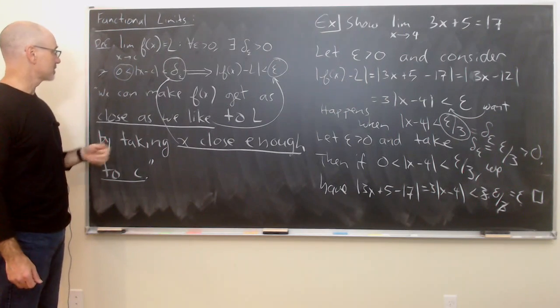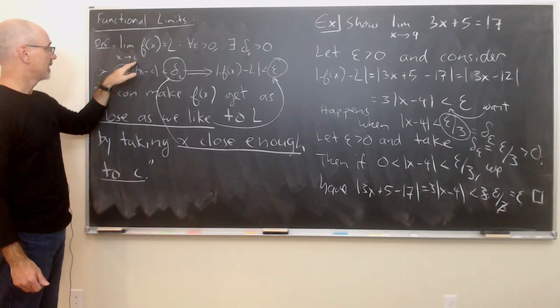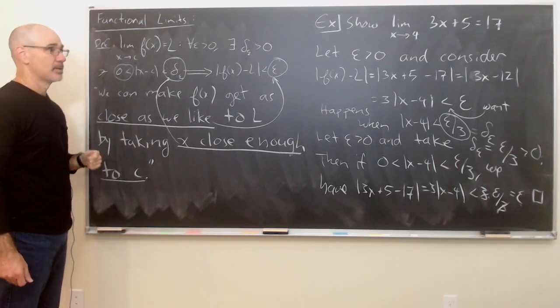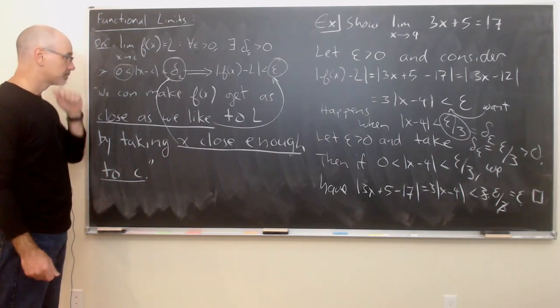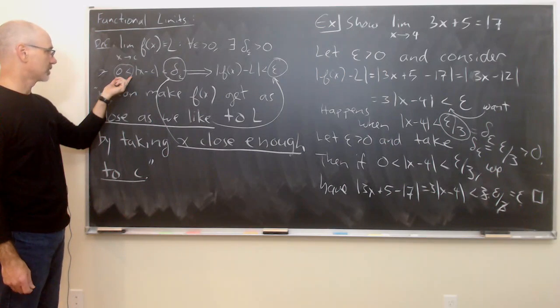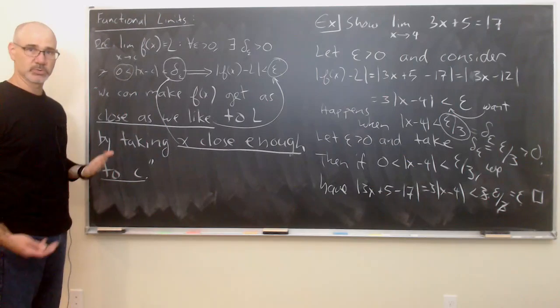Remember, limits are about what happens when x gets near c, not what happens at c. If you're worried about what happens at c, that's a question of continuity, and we'll get there in the next section. But for now, just think of that greater than 0 as a convenient way of ruling out x being equal to c, which is what we want for a limit.